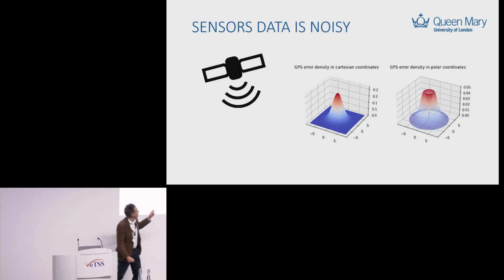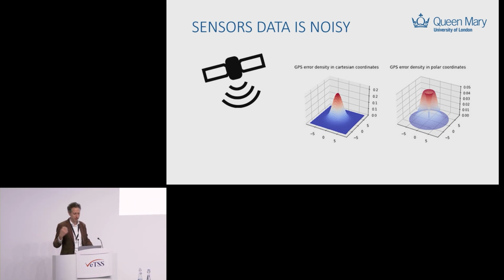And I like this other picture here, which is the same noise, but in polar coordinates. It shows you that as the crow flies, the distance between where you really are and your reading is very, very unlikely to be small, because that's the dip in the middle. So statistically, you're likely to be some distance away from your reading.